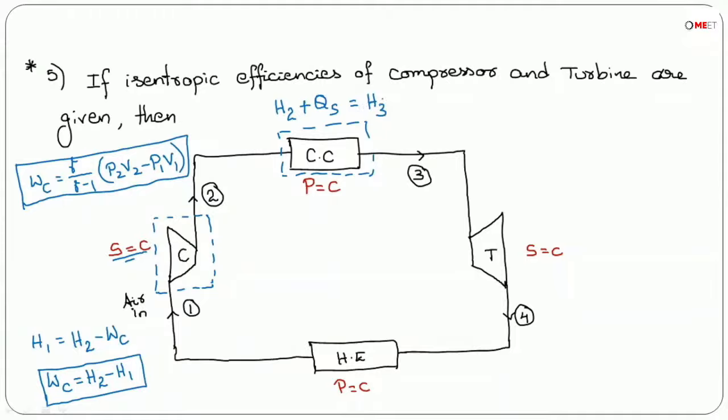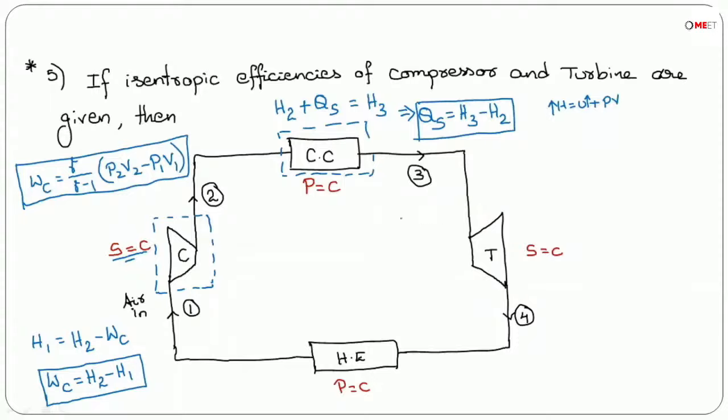We know that H is equal to U plus PV, so as the internal energy increases, enthalpy also increases, even though pressure is kept constant. From this we can write the amount of heat supplied Qs is equal to H3 minus H2. So this is the heat supplied formula.